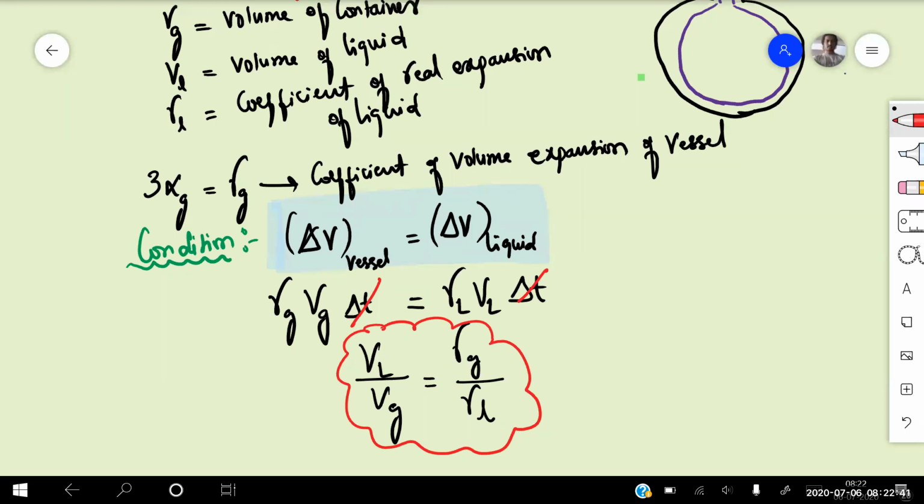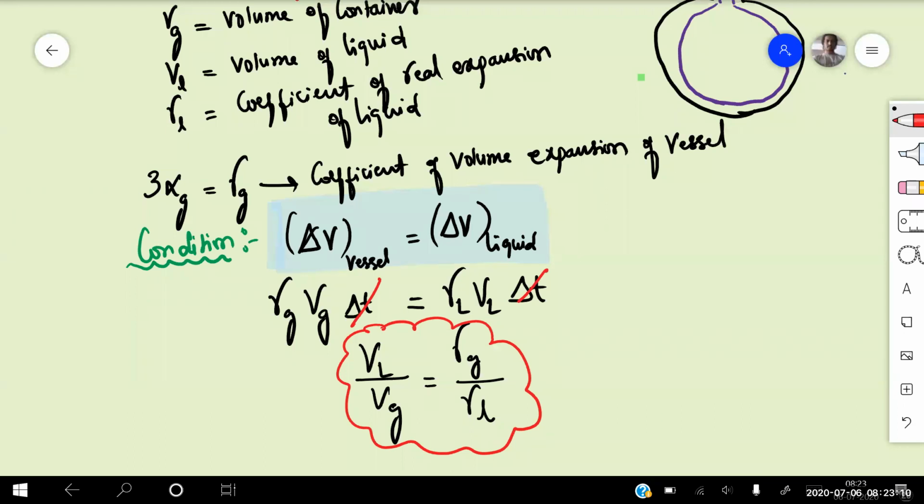It means expansion in the vessel must be equal to expansion in the liquid. If the expansion of the vessel is exactly equal to the expansion of the liquid, you can't see the expansion under the given condition. That means the volume of the liquid present in the container will always remain constant. Say if the volume of the vessel is increasing by 10 centimeter and the volume of the liquid is increasing by 10 centimeter, you can't see how much the liquid has expanded. So the condition I'm writing is: expansion of your vessel must be equal to expansion of your liquid.